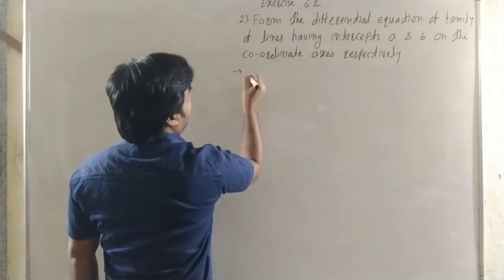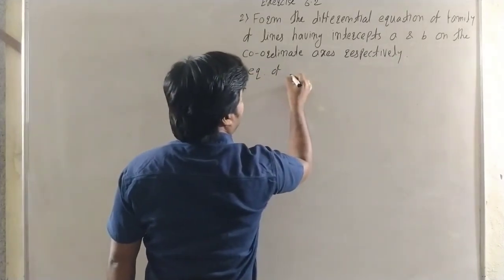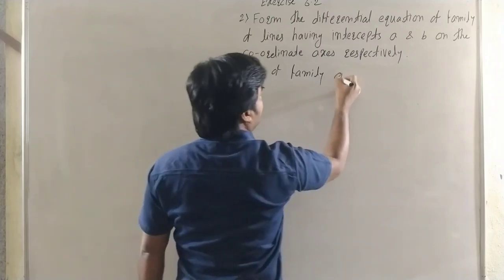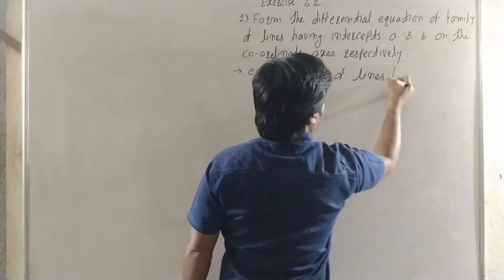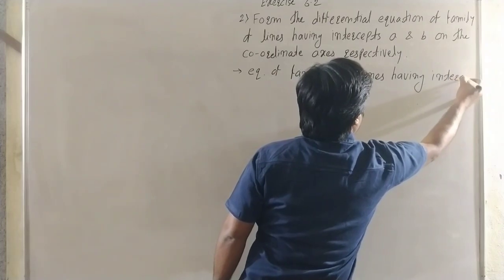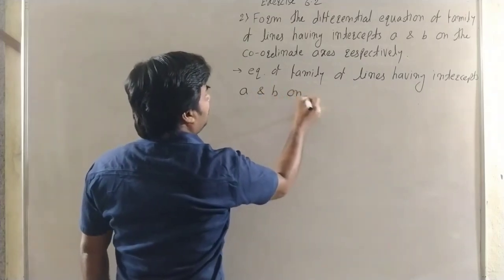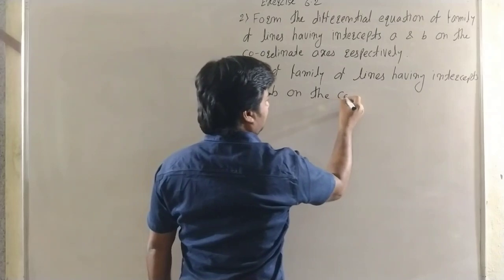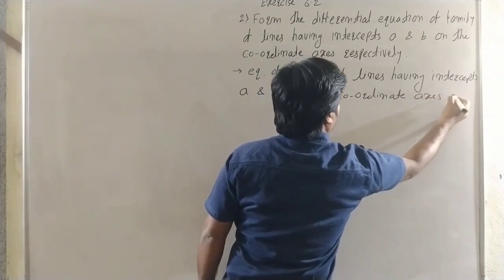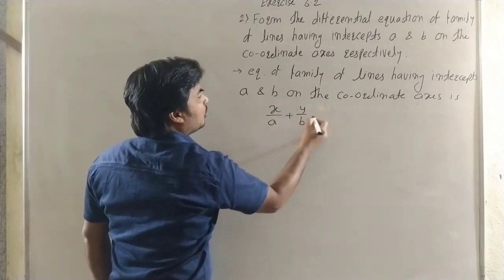Form the differential equation of family of lines having intercepts a and b on the coordinate axis. Here the equation of a family of lines having intercepts a and b on the coordinate axis is, we know the equation, x upon a plus y upon b is equal to 1.